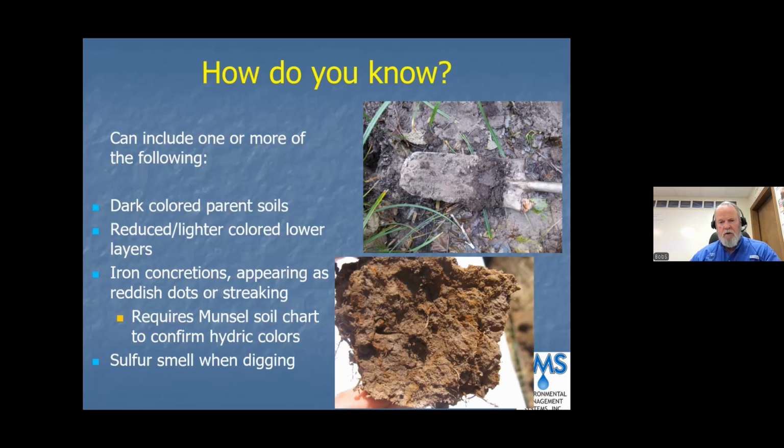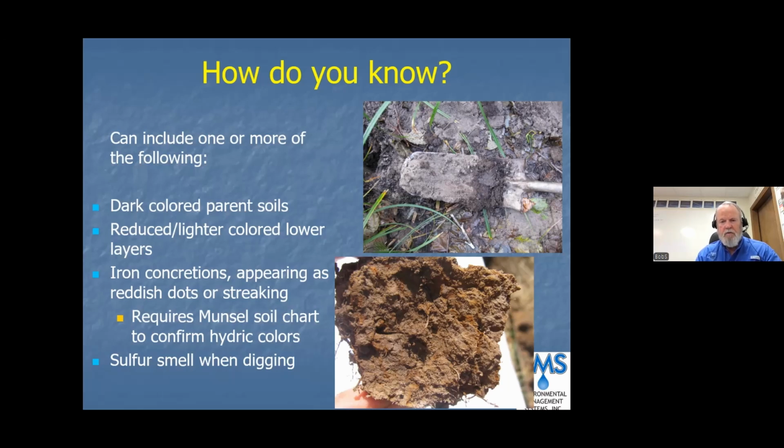And then when you look at the lower sample, it's kind of hard to see unless you're used to it, but there's orange and gray. So you're looking at little spots of both oxidized or orangey color, and also gray around the oxidized soil, which is reduced soil.